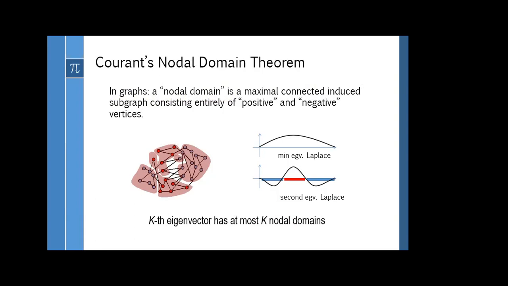If I take the second, Fiedler vector, then I have two domains, positive and negative. So the Fiedler vector is a natural tool for bisection of graphs. It's a natural tool for bisection of databases.